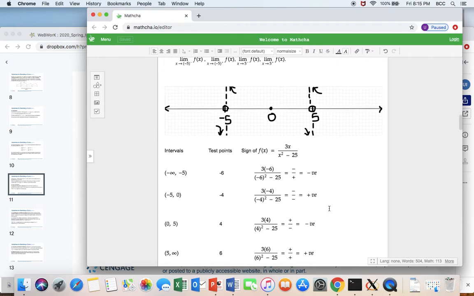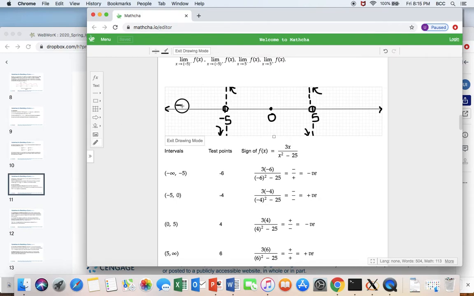So why did I use these test points? You use test points for the entirety of the interval. So in the first interval, I'm going to get negative. Do you understand what that means? My function is below the x-axis here. So if it's going to go to infinity, it cannot go up.